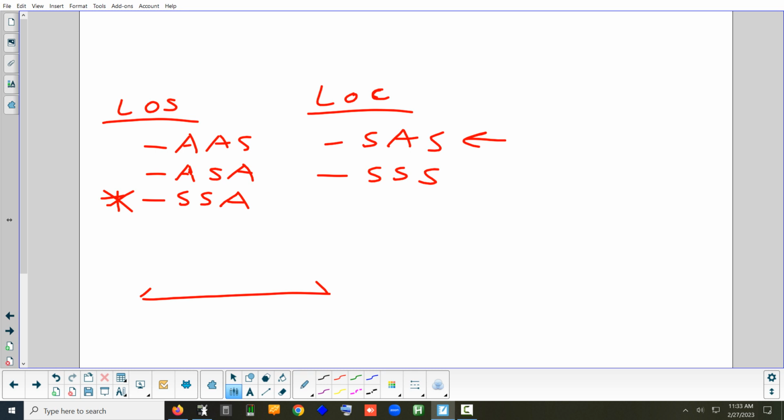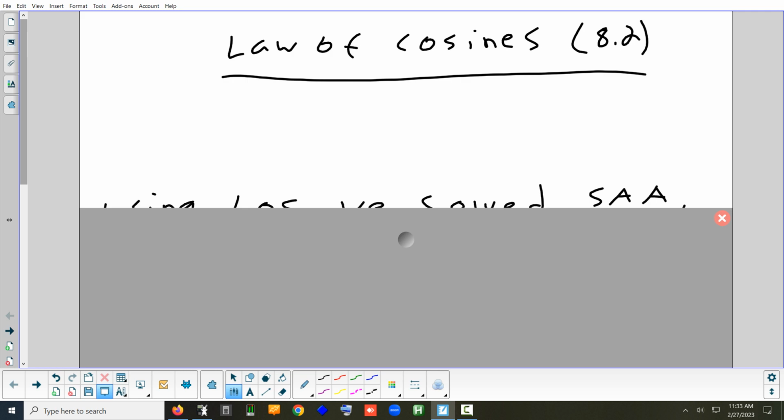It can't be equal; it has to be bigger. 1, 1, and 300 doesn't work: 1 plus 1 is 2, which is not bigger than 300. Even 150, 150, and 300 wouldn't work, because the sum has to be bigger, not equal. So it is possible to get no solution with side, side, side, if you check what I just told you to check. Two solutions, never happens.